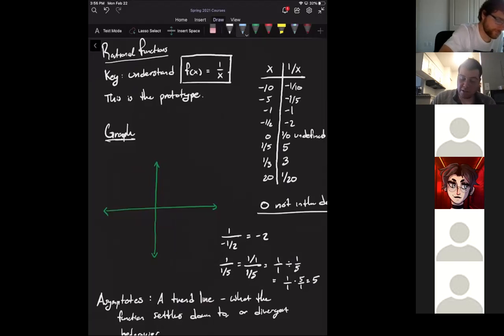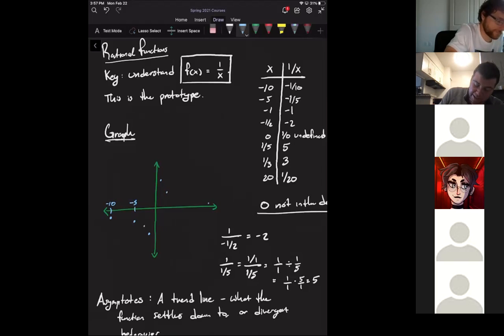All right, and then we can just plot the points we figured out. So it's like -1/10. I think there's a -1 in there as well. Okay, so we only plotted 7 points, but already we can kind of see the shape of it.